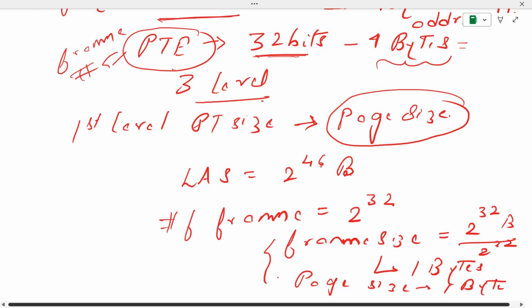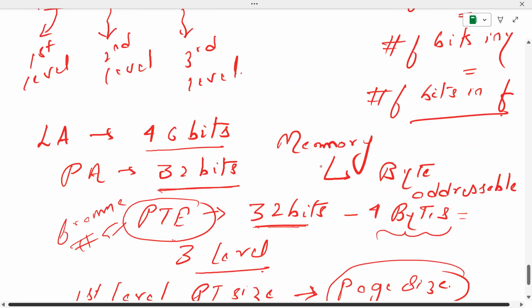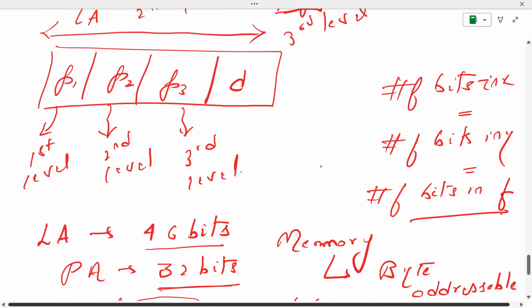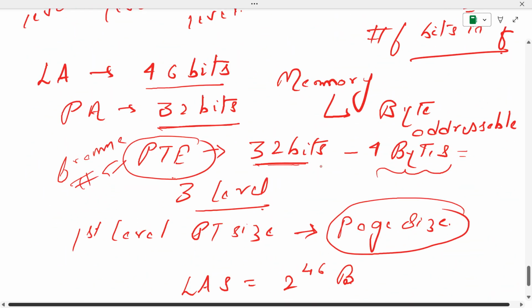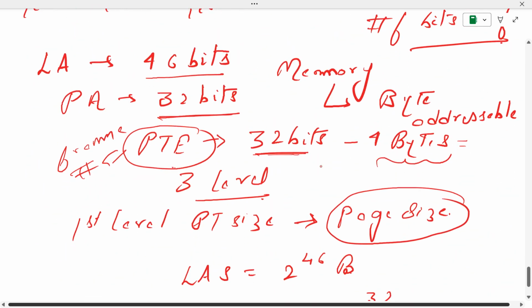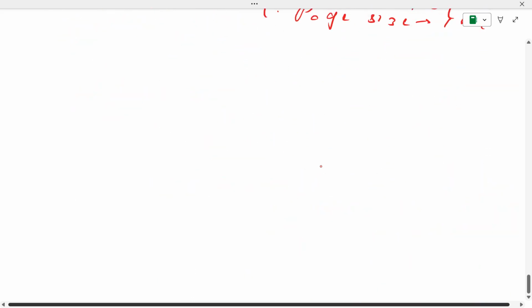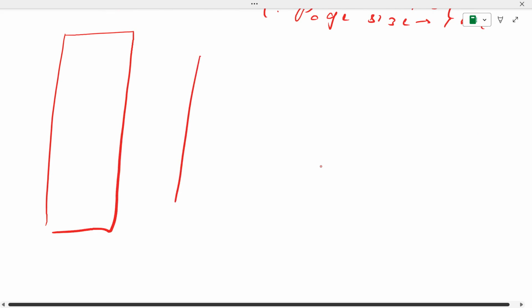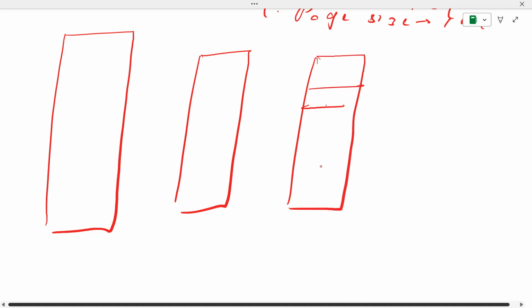Now, let's say here we don't know in what ratio things have been divided. We just have the LA, PA, and PTE. PTE is 4 byte. Okay, so let's say that we have this grouping. We have this first level, we have this second level, and we have this third level, which contains the frame number. Okay, so the frame number is here for the PA. Now, here we don't know how many pages it has been divided into, and we don't know what the page size is.